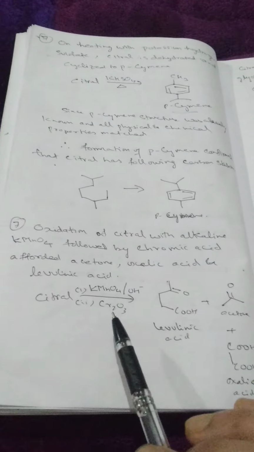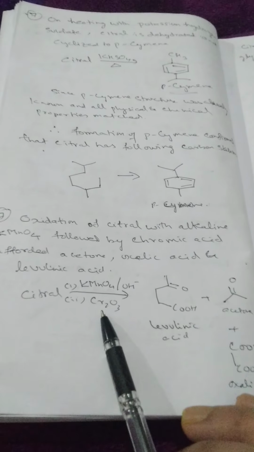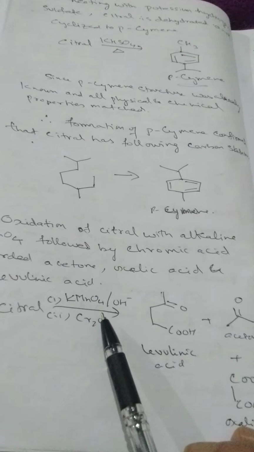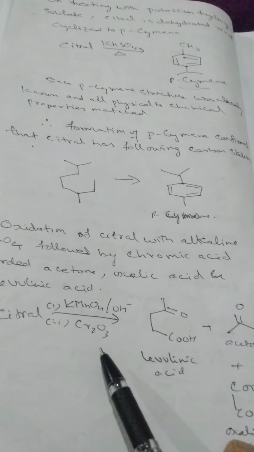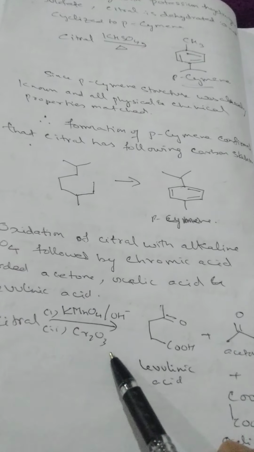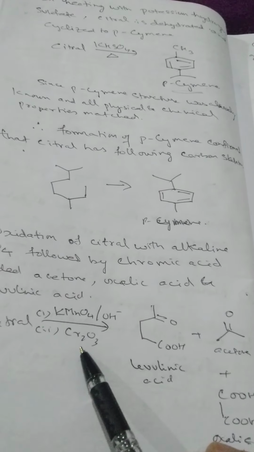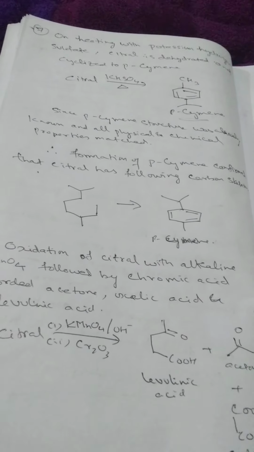So they reacted citral in 2 steps, first with KMnO4 OH minus and then chromic acid. If you know what it does, KMnO4 OH minus breaks up the double bond, exactly like ozonolysis, it breaks up and forms 2 sides, C double bond O, C double bond O. And if you put chromic acid, it will oxidize the aldehyde to carboxylic acid.